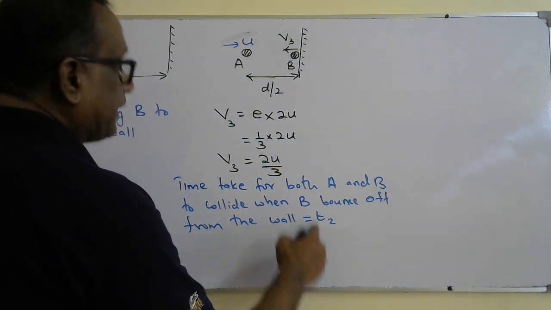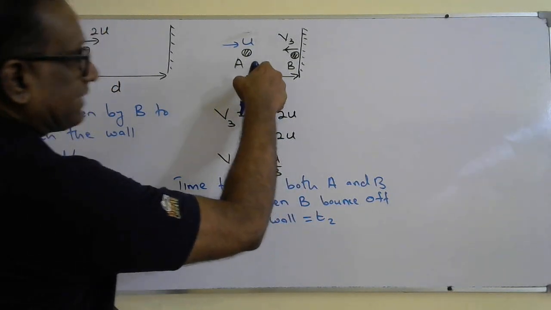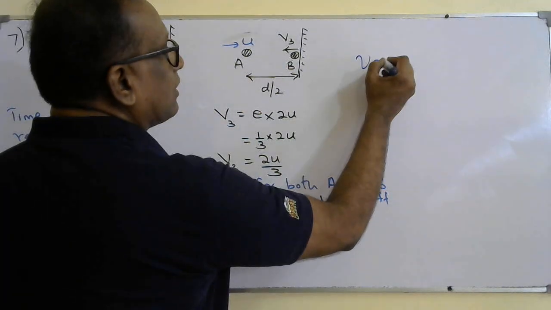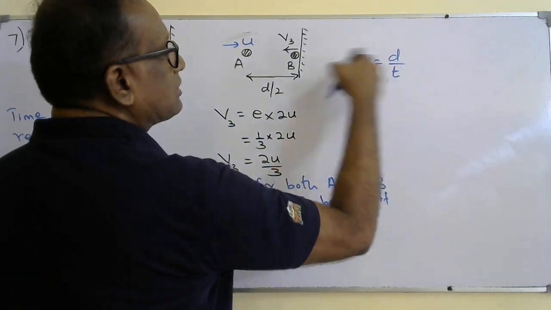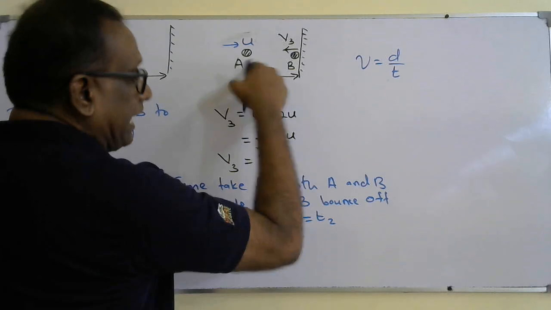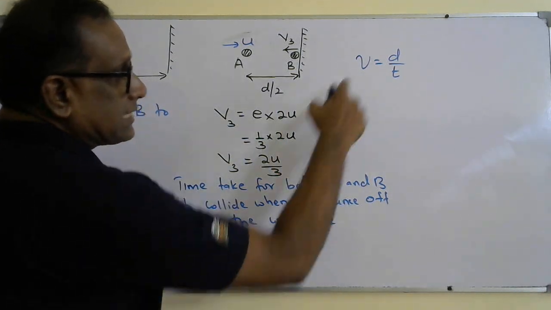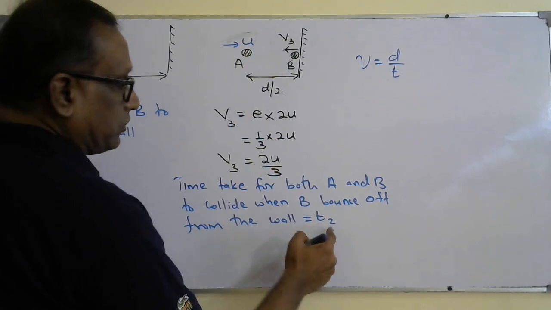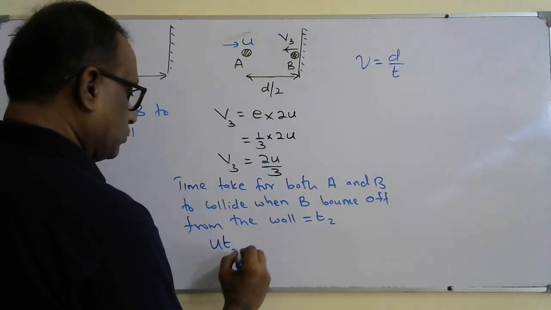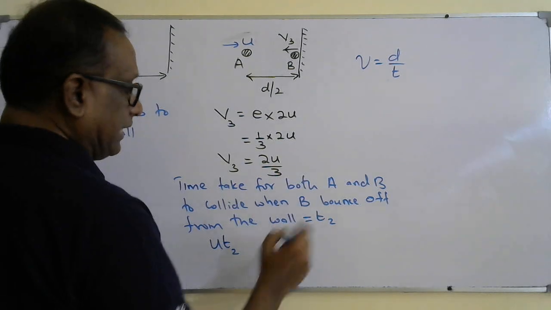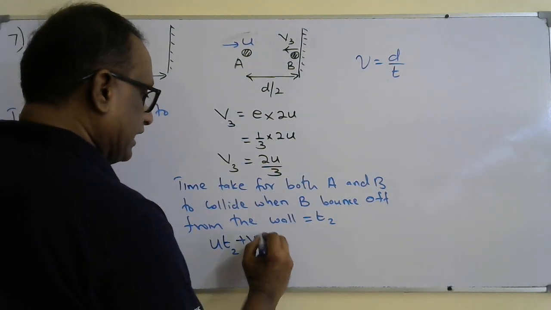So during the time T2, how much will A travel? Speed equals distance over time, so distance equals speed into time. The distance traveled by A during T2 is U into T2. Distance traveled by B during the time T2 equals V3 into T2.